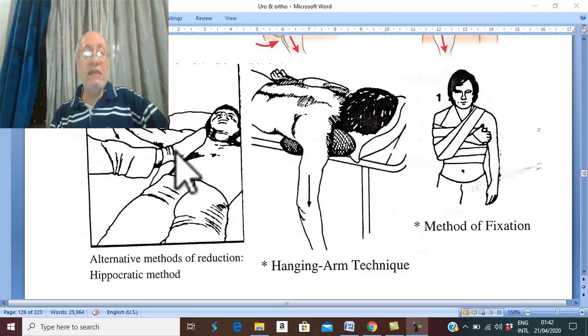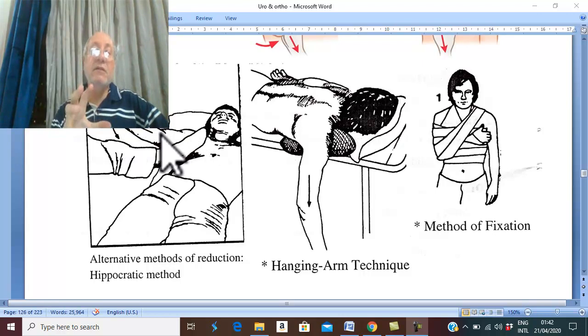The doctor puts the unbooted foot in the axilla to produce counter traction with traction on the abducted arm. The head of the humerus will jump into the glenoid cavity.